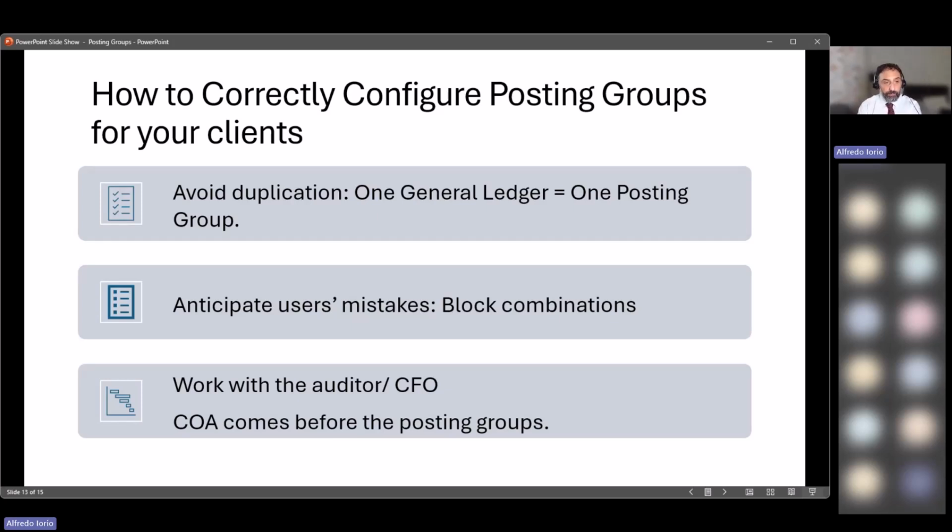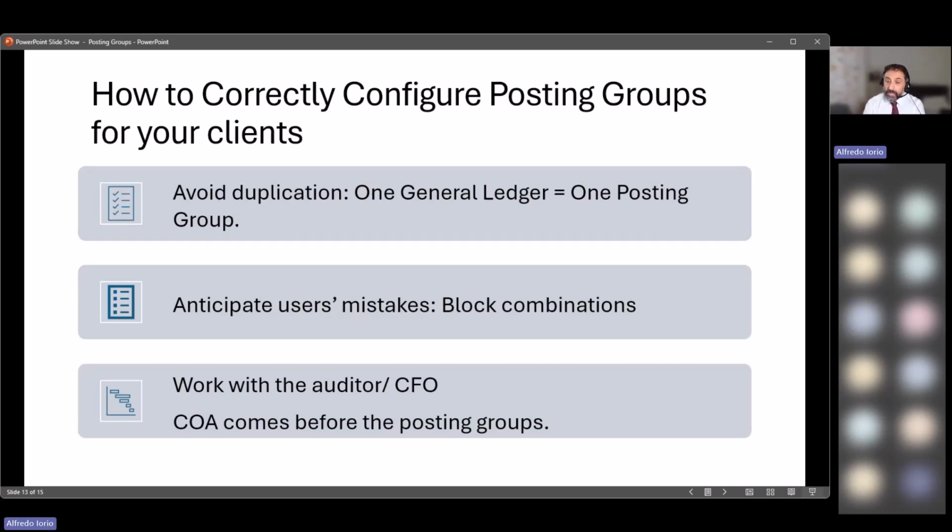The first rule is avoid duplication, because when you duplicate posting groups for the setup, you introduce so much complexity and clients can get overwhelmed, and it's easy to set one combination of posting groups wrong. It's so easy to do that. And then once you start posting to the wrong ledger, it's a nightmare, right? To reconcile your numbers.